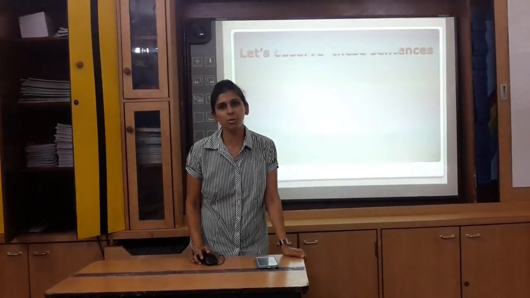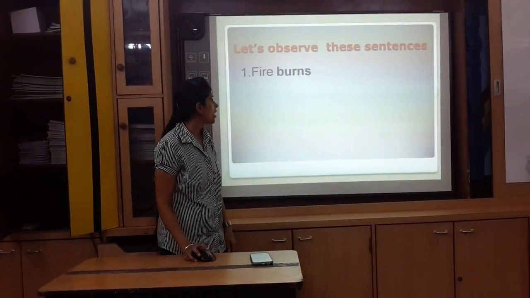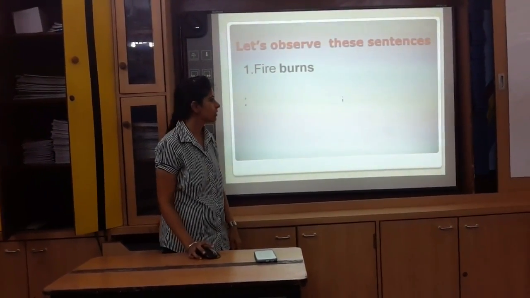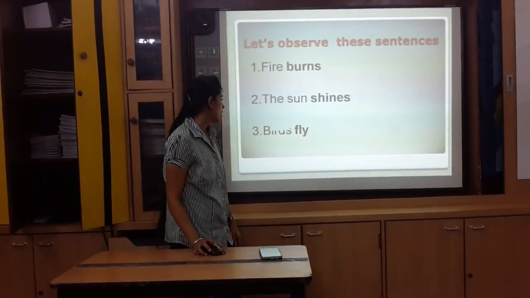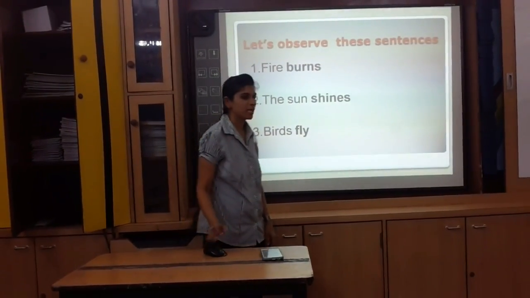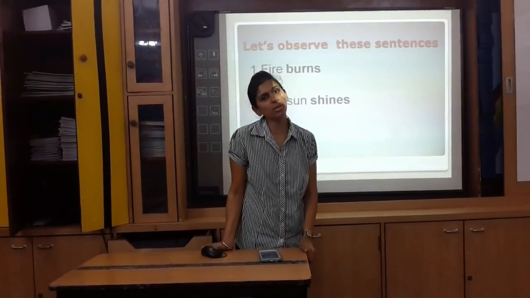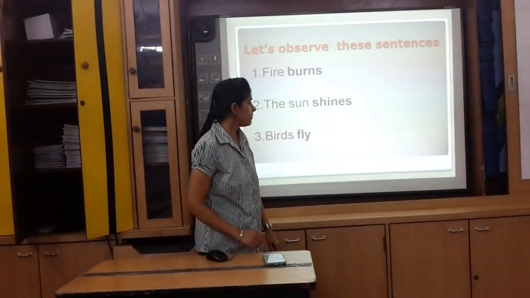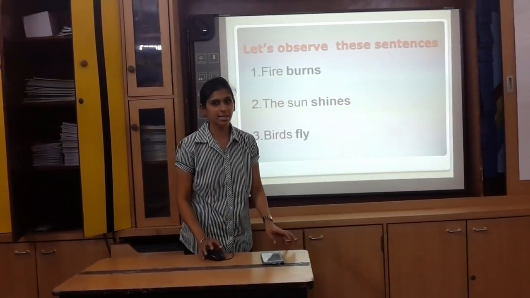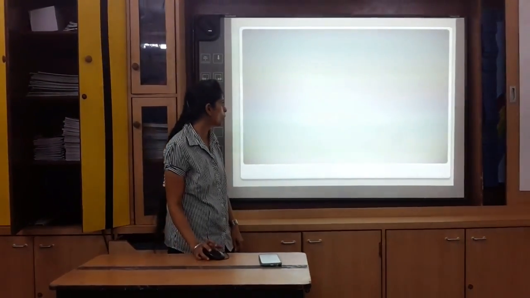Now let's go to the other group of sentences. Let's look at these. Fire burns. The sun shines. Birds fly. Now these sentences are much more meaningful. They don't need any object to get them completed. Even if you feel like making these sentences longer, we can do that, and let's see how they look.